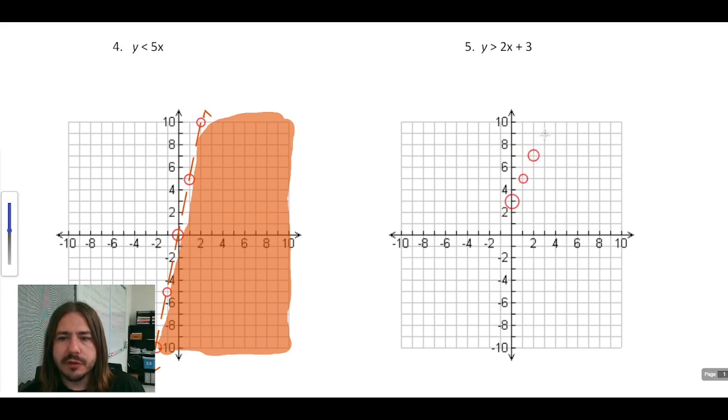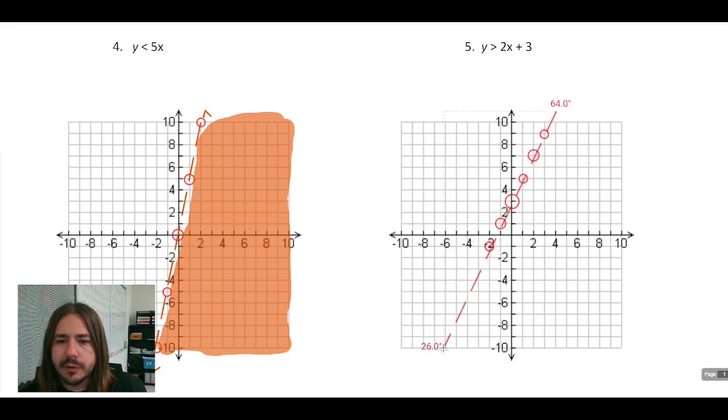Really don't need to put all these on here, but just to kind of get the idea down. I'm just going to do one more here. Do this one, and then I'll just let the line kind of do the rest of the work for me. Okay. Here we go.